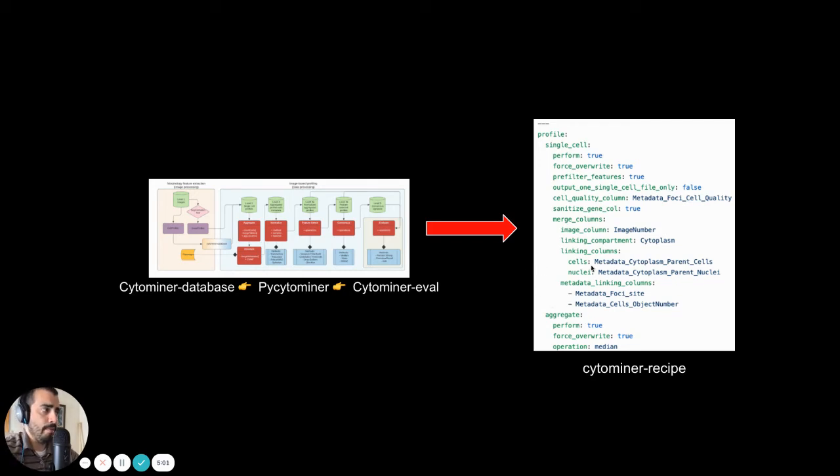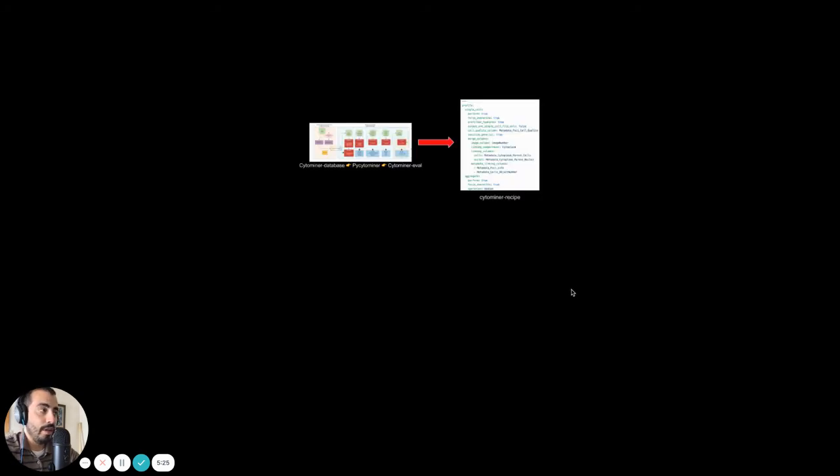So this includes metadata columns that are going to be important labels for what the output profiles are going to be, like what the perturbation is, what the cell line is, as well as various options for specifics for the actual options in each PyCytominer step. So in aggregation, what type of aggregation to perform, what type of normalization, which feature selection steps, and so on.